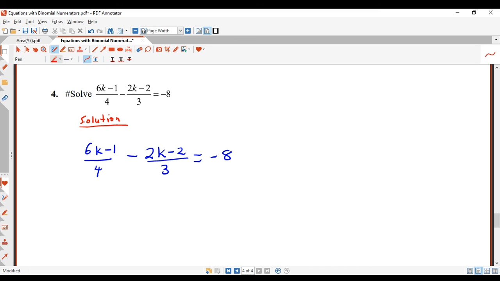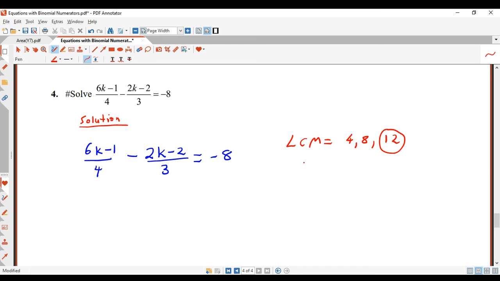Alrighty, now LCM time. So I need to find the LCM. Right, so I'm going to take the largest denominator, which is 4, then 8, and 12. I'll stop there. I'll notice that 4 and 3 both go into 12. That's the smallest number they go into. So 12 is the LCM.